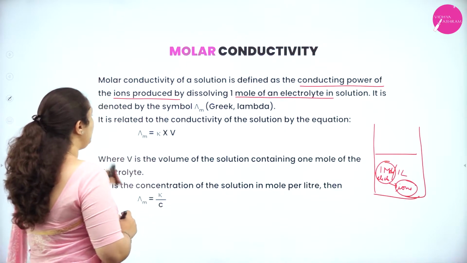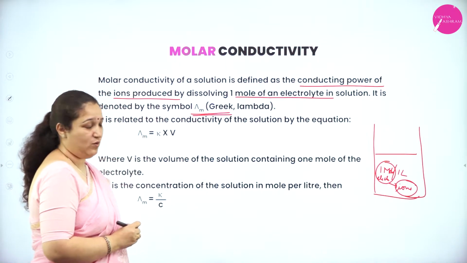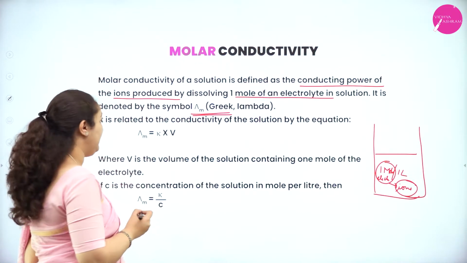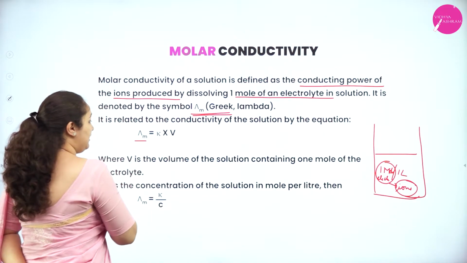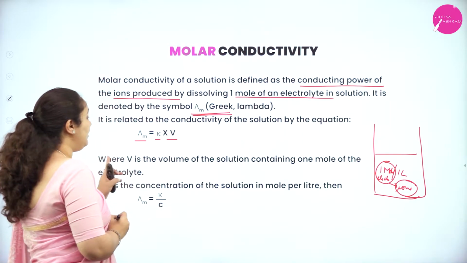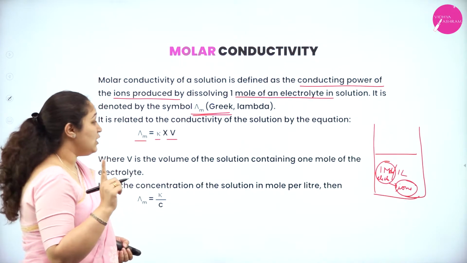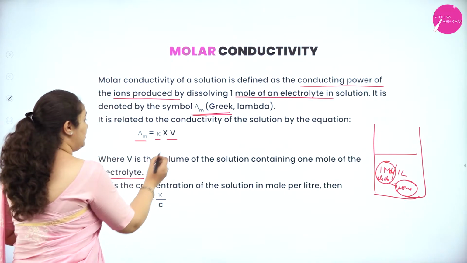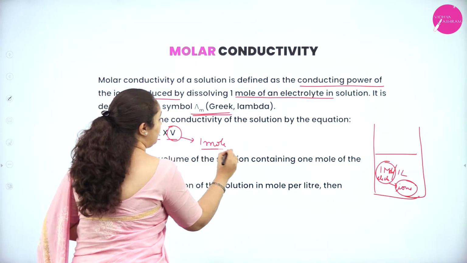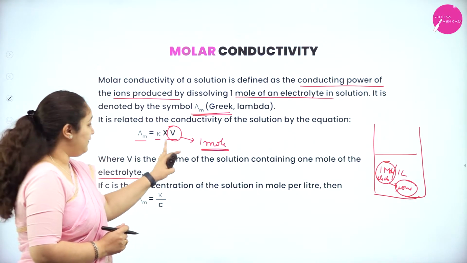It is denoted by the symbol lambda m. It is related to conductivity of the solution like this. Molar conductivity is equal to conductivity into volume, when the volume of the solution is that which contains 1 mole of electrolyte. So, if this volume contains 1 mole of electrolyte in 1 liter, then we do conductivity into volume.